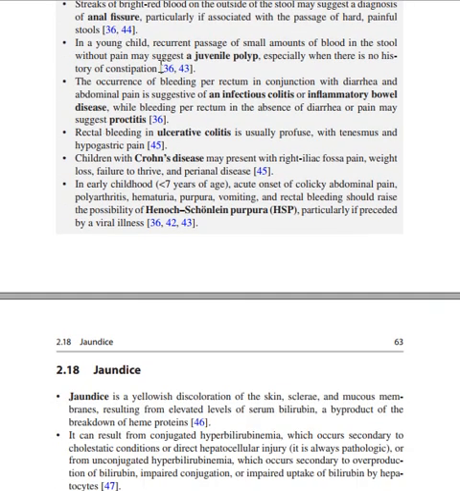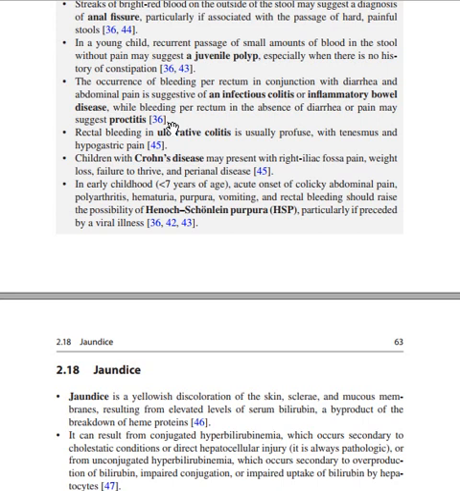In a young child, the recurrent passage of small amounts of blood in stools without pain may suggest juvenile polyps, especially when there is no issue of constipation.